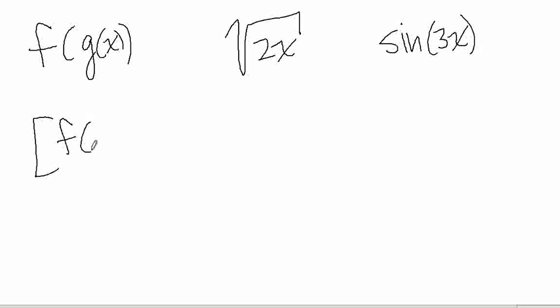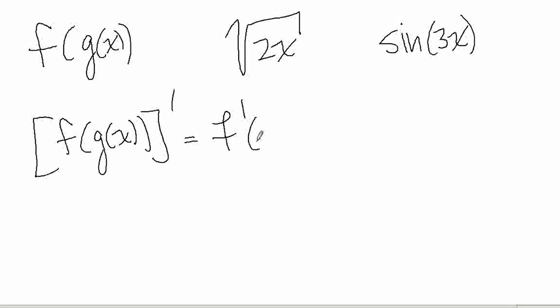If you have such a beast, and you want the derivative of that, I'll put a little prime symbol. What that's equal to is you first find the derivative of the f function as if the g wasn't even around. So that's f prime. But now you go and plug g of x into that. And then you multiply that by g prime of x, the derivative of that g function.